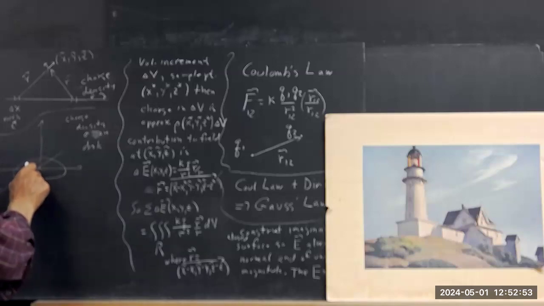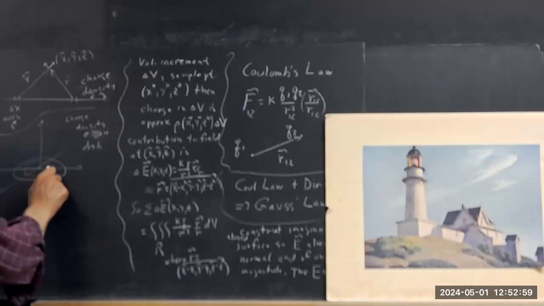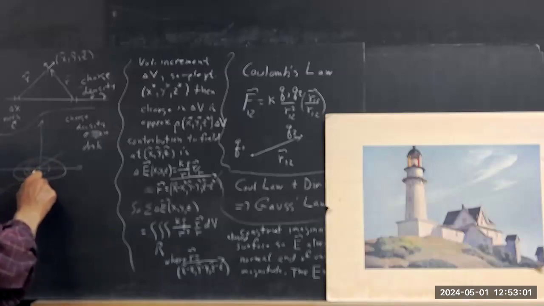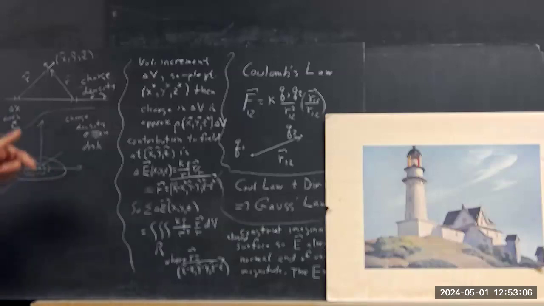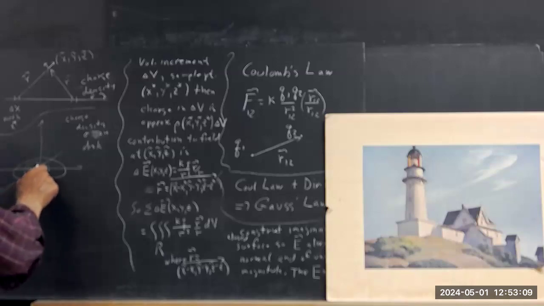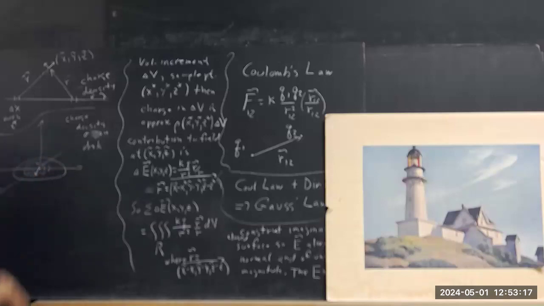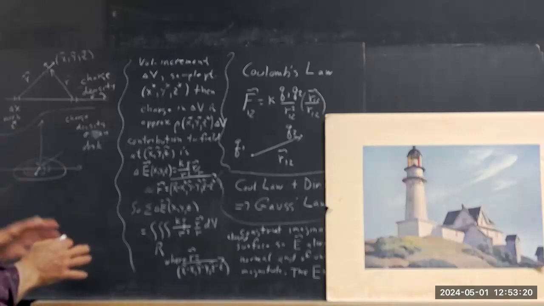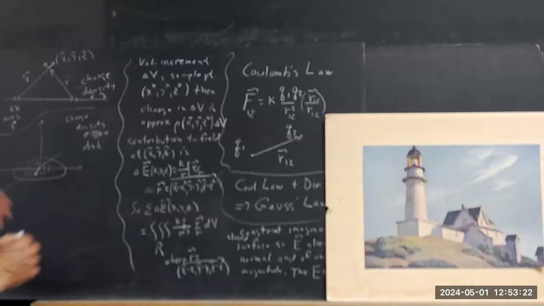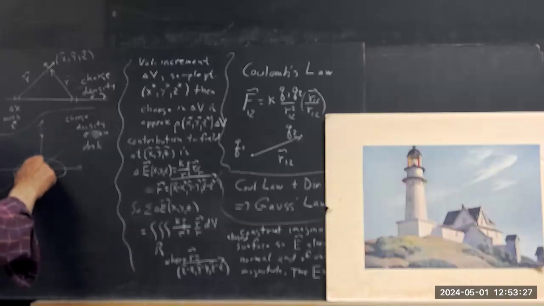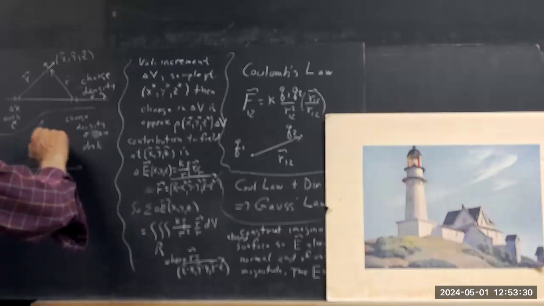And you think of partitioning this disk based on your distance from the origin. So your R vector would be here. Then you get the field from this ring, and then you integrate the field from the ring from the inside out, and you get a result for the field, maybe at the center of the ring, but more likely the point up here.